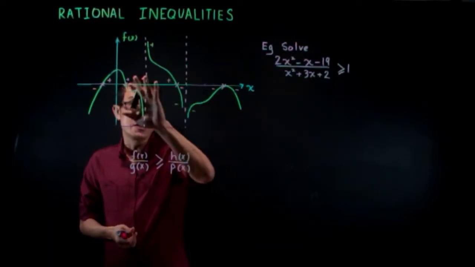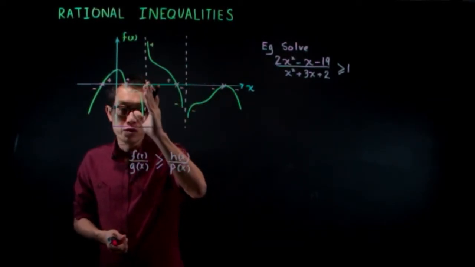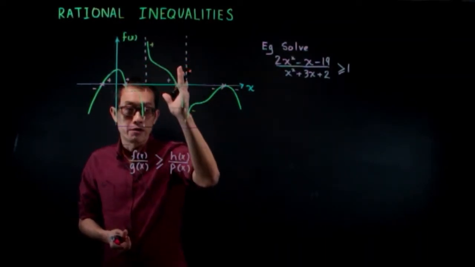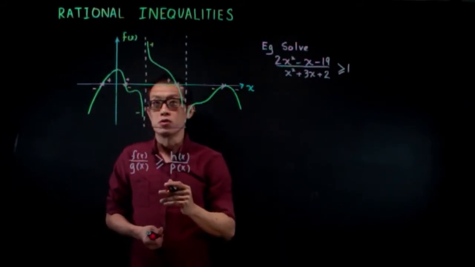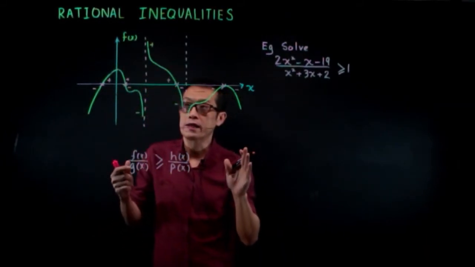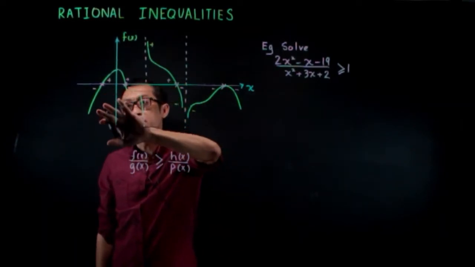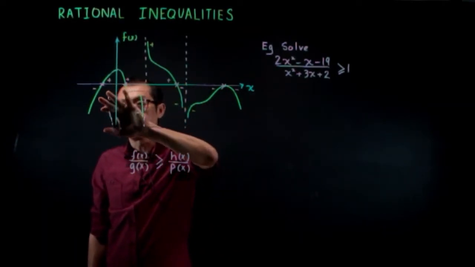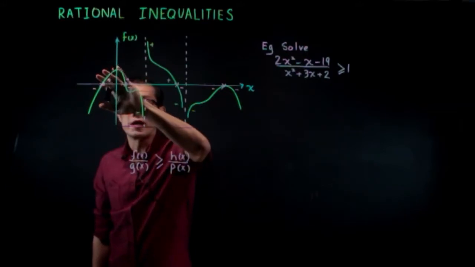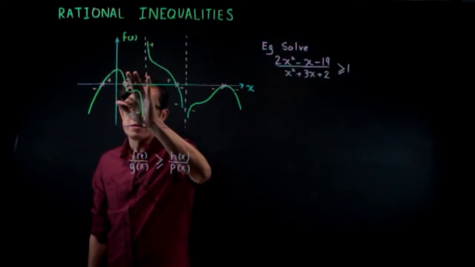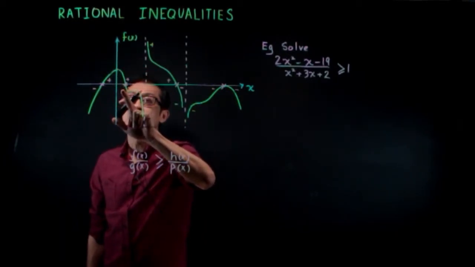Now besides the roots and the points around the roots and around the vertical asymptote, there is no way that the graph will change its sign. Look at this part. It's negative, it always remains negative to the left of the roots. And then right of this root, it always remains positive until it touches the next root.